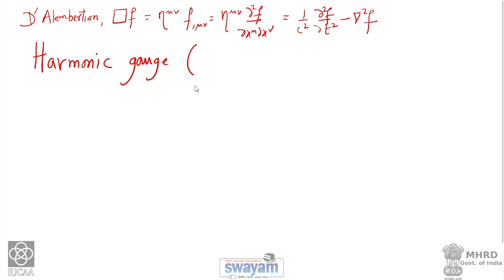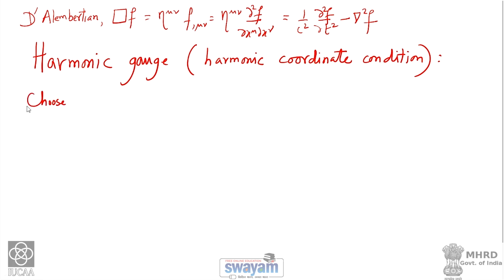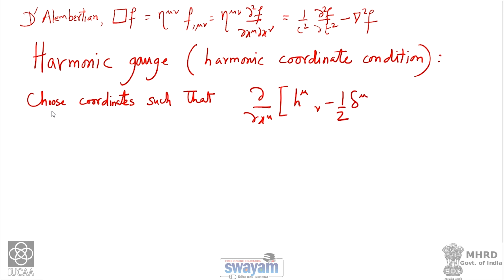Sometimes it is also called harmonic coordinate condition, where you go to that coordinate system in which you choose coordinates such that del by del x mu of h mu nu minus half delta mu nu h is 0.